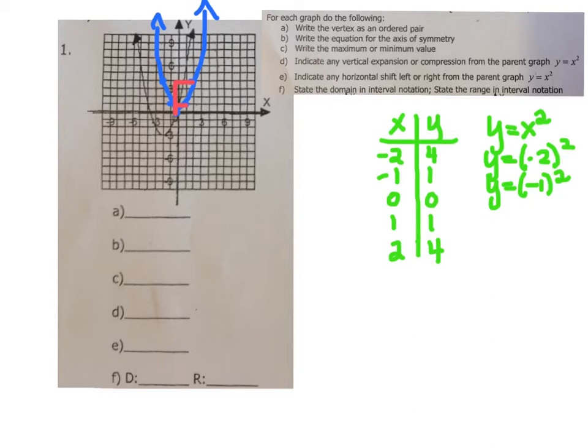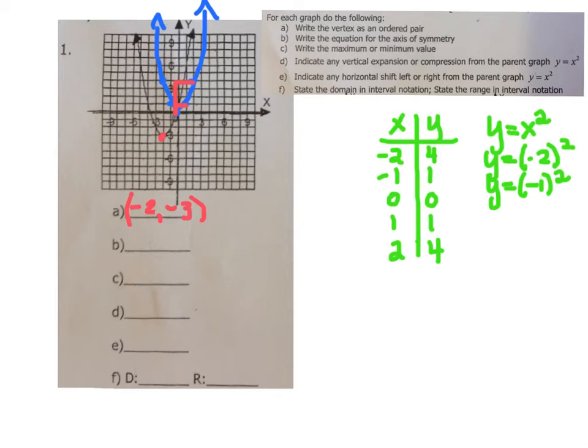Okay, that is going to be my vertical stretch, and we're going to talk about that in a minute. What is the vertex of this guy right here? Well, that would be -2, -3. And what I'm doing is I'm just following this A, B, C, D, E, F.